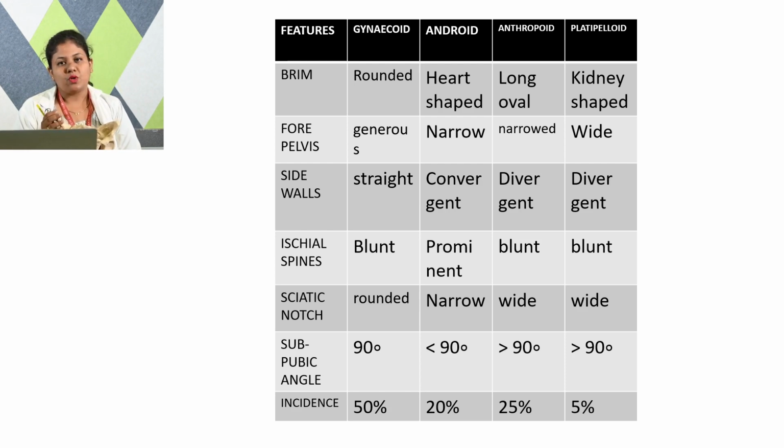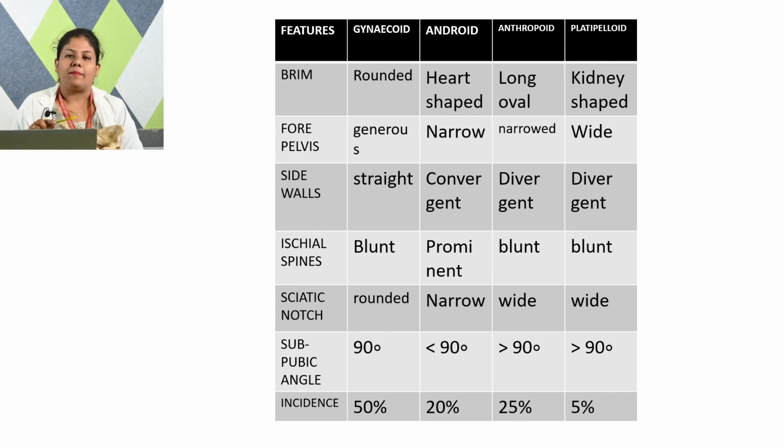The first feature over here is the brim. Now in the gynecoid pelvis, the brim is the most rounded surface, or we can say the rounded curve which the female or gynecoid pelvis has, and the android brim is heart shaped. The brim of the android is heart shaped, and this heart shaped pelvis is the android pelvis, which the male has.